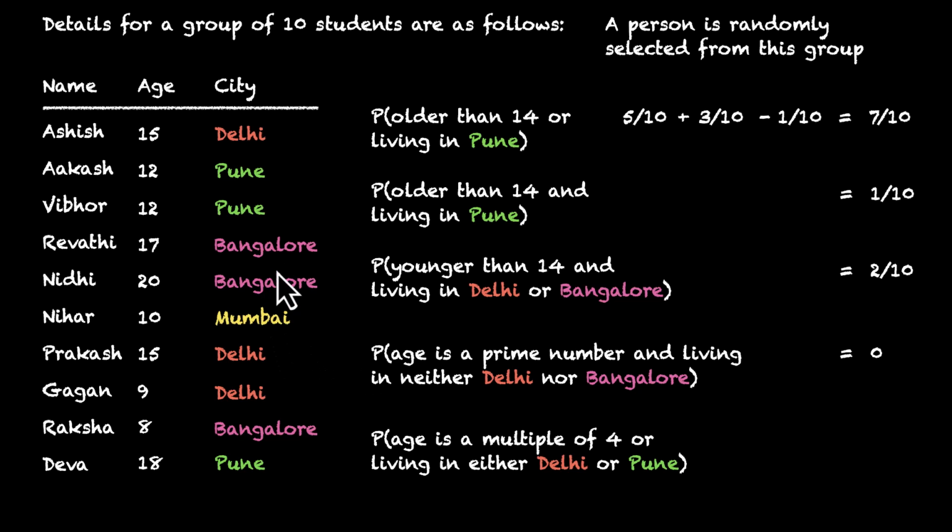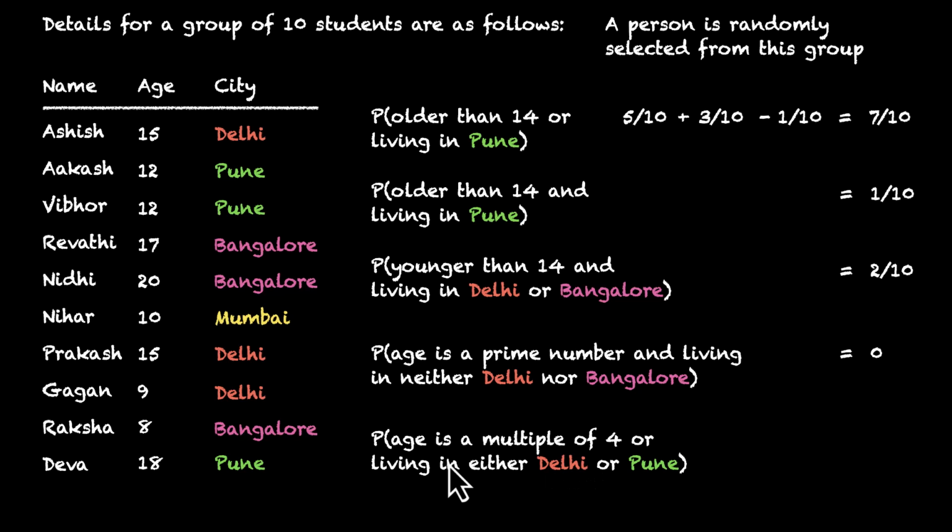Let's see if their age is a multiple of 4. 17 does not work. 20, yes, 20 works. 20 is a multiple of 4. 10 does not work. 10 is not a multiple of 4. Then we have Raksha, who is in Bangalore. 8, yes, 8 works. So only Revati and Nihar do not work. These two don't work. The remaining 8 will work. The probability of this happening is 8 by 10.